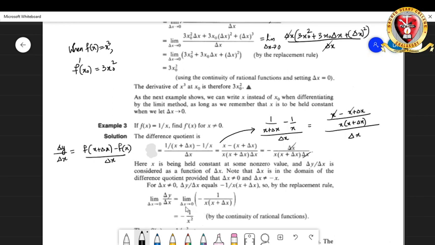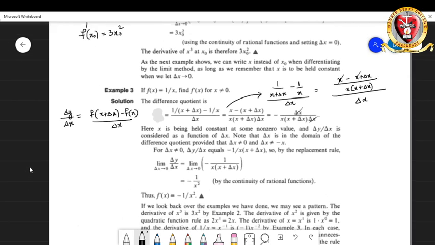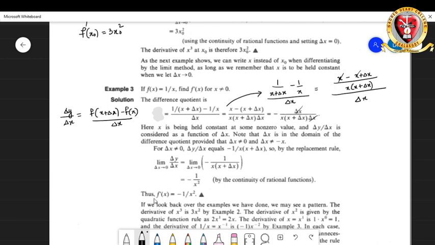And when delta x tends to 0, we had talked about the continuity of rational functions earlier, when you had the fraction of polynomial functions coming like this. When delta x tends to 0, you just substitute 0 instead of delta x, so you get minus 1 by x square. So what you obtained is f dash of x is equal to minus 1 by x square.